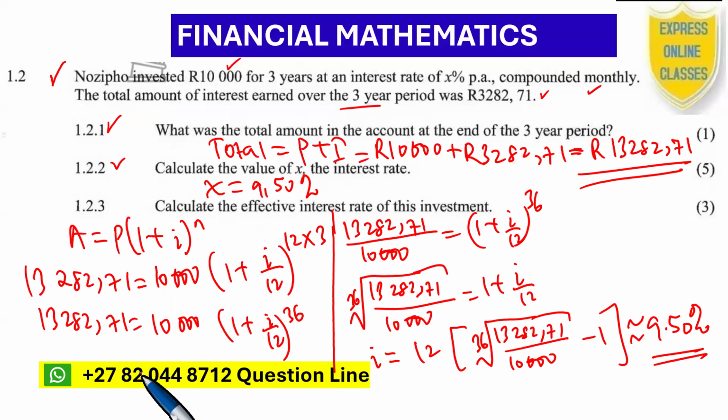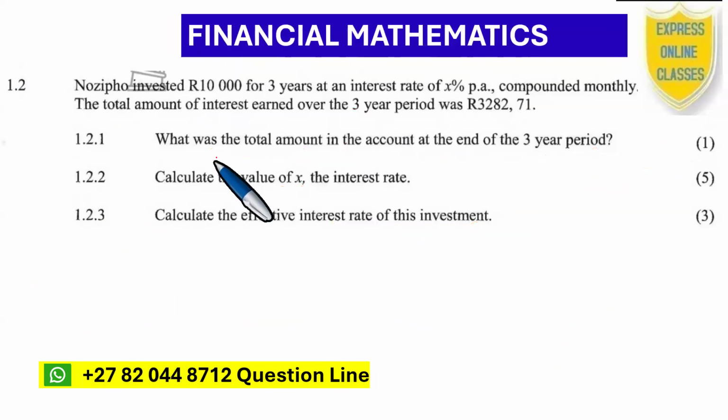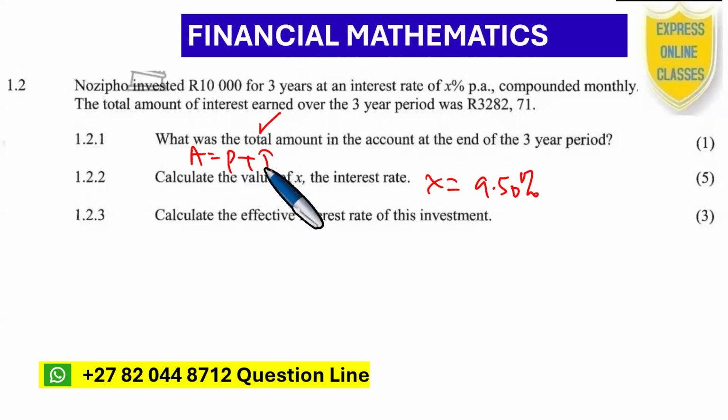In the next question now, we already know that the nominal rate is 9.50%. We've got the final amount, which is P plus the interest, which gave us exactly 10,000 plus 3,282 Rand, which became 13,282.71.